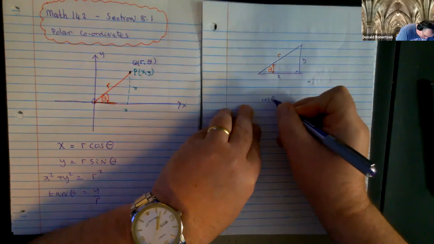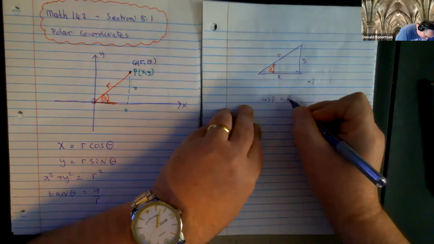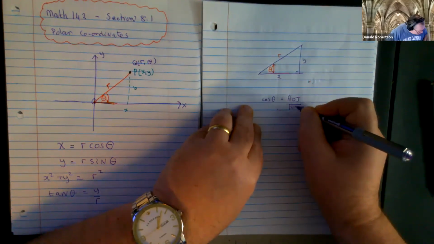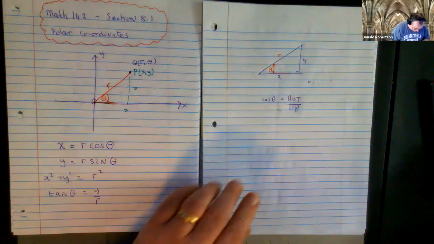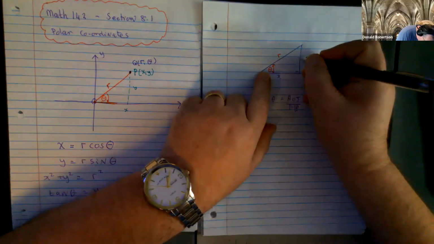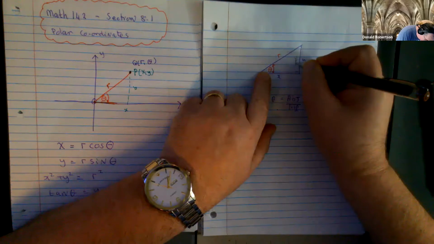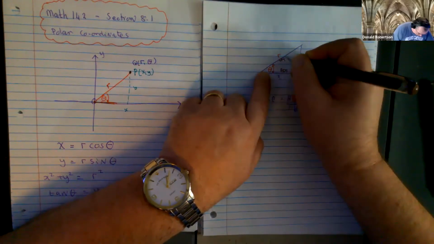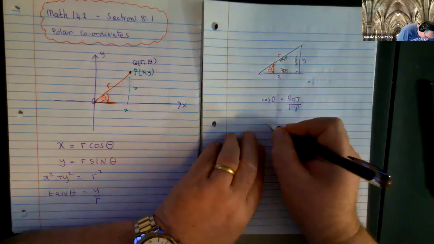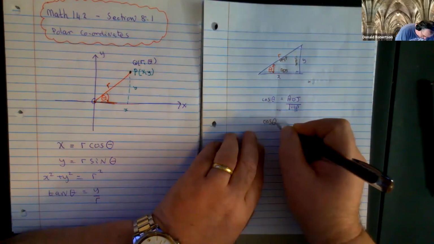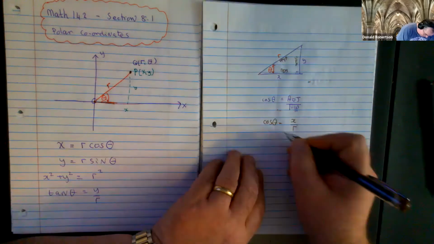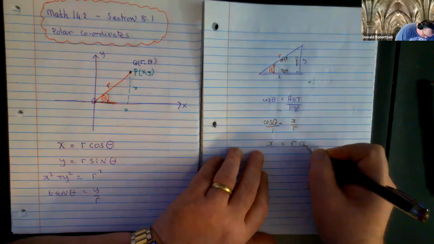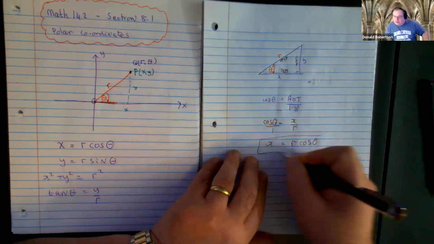You would say it's the adjacent over the hypotenuse. In this right angle triangle, this side is the opposite, this side is the adjacent, and this side is the hypotenuse. So the cosine of theta would be x over r. And if you do a little cross multiply, x ends up being r cos theta. Do you see how I came up with that relationship?